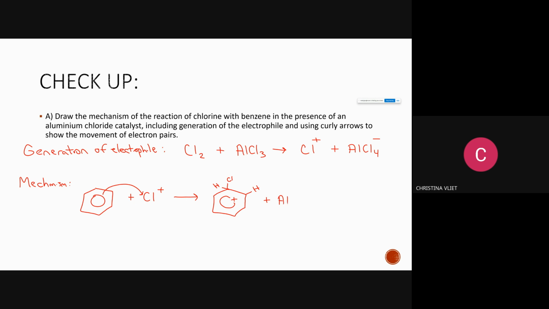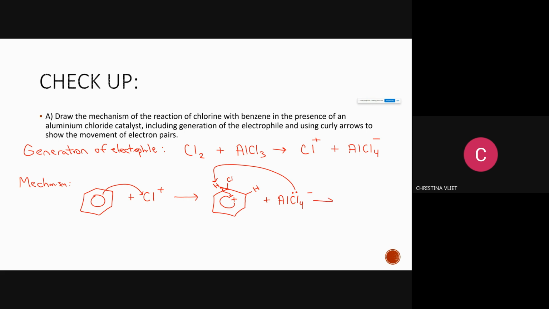So we got the AlCl4 minus that has to be brought back in. One of the chlorines from the AlCl4, you don't have to draw the whole thing out, but you can if you like, is going to grab what? Which one? The one that has the chlorine, to make the double bond able to reform. So it has to be this hydrogen that it grabs. And then these 2 electrons go back into the ring.